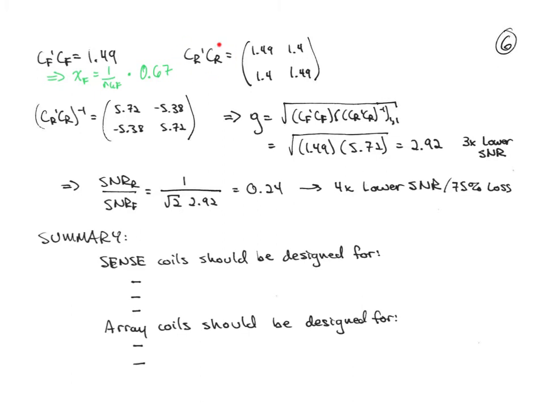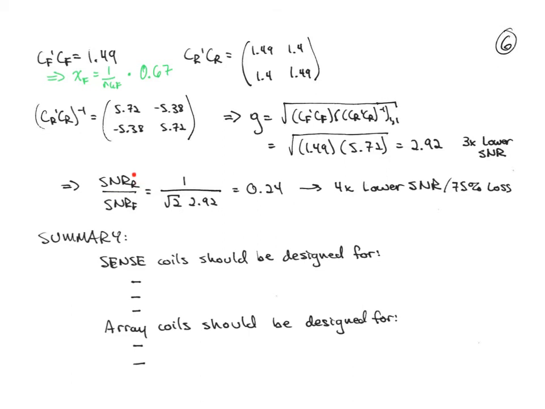So that number has improved. However, when we multiply CR transpose CR, we get this matrix, and if we then invert that, we get much larger values in the inverse. So when we plug in the first element of the CR transpose CR inverse matrix here, and the first element and this element here as the fully sampled guy, we get a G factor that is much higher, 2.92, corresponding to 3 times lower SNR compared to the fully sampled acquisition, and it's considerably worse than the good SENSE coil case.